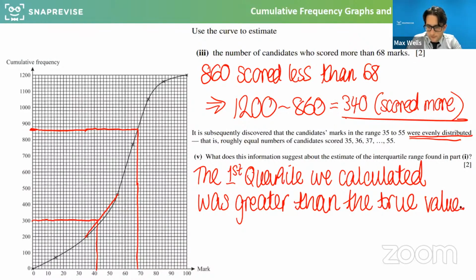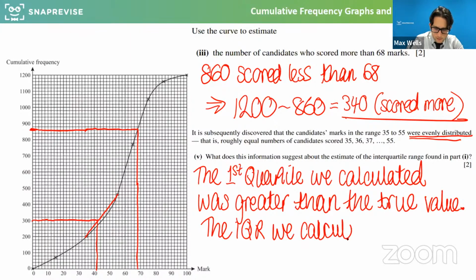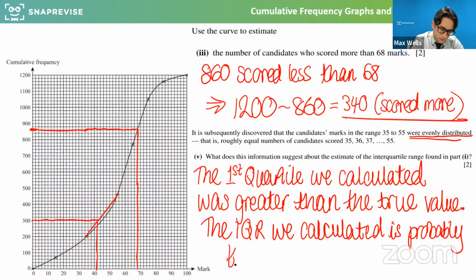So it was greater than the true value. So what effect this will have is that this means that really the interquartile range we calculated is actually probably smaller than the true interquartile range. And I will clarify that.